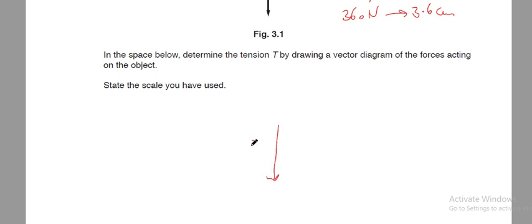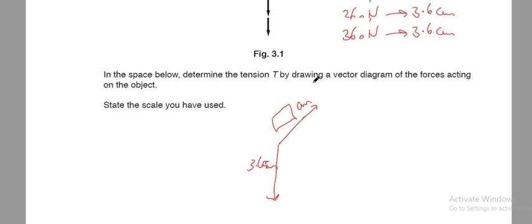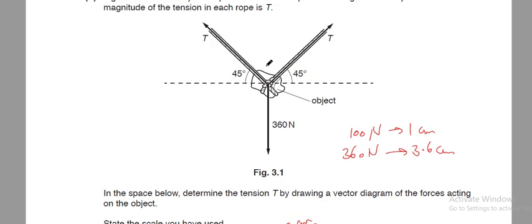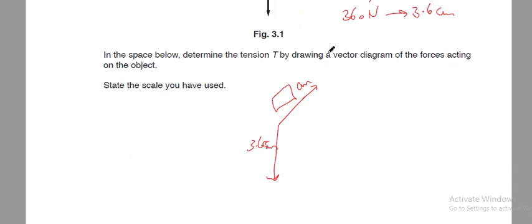An arrow with 3.6 centimeter length, and another arrow to represent T. Its length will be found by using the ruler, and then I will close the triangle with this vector.